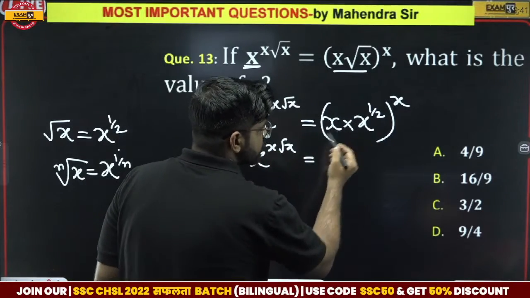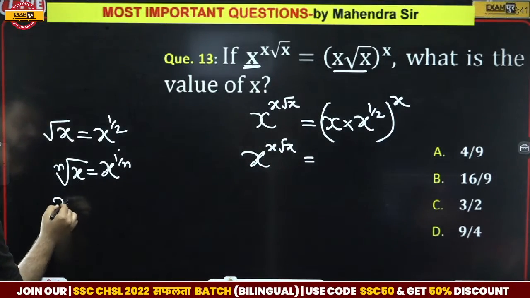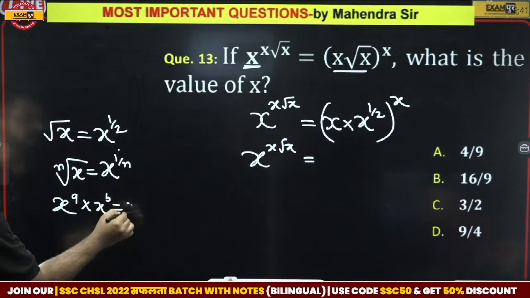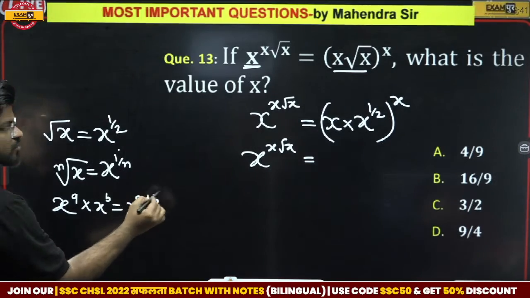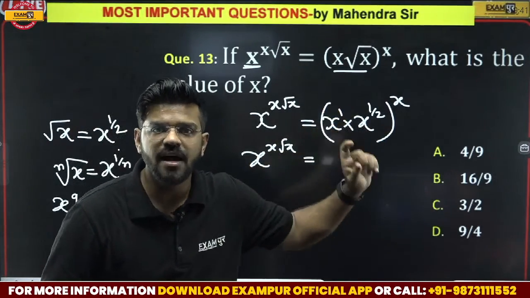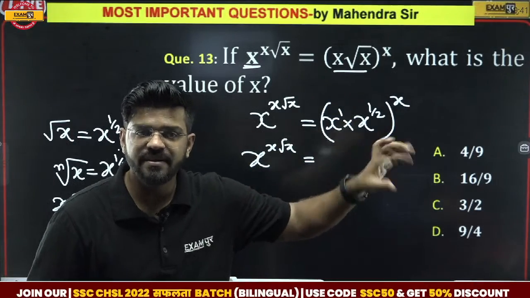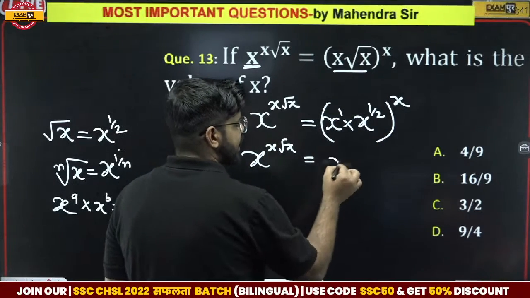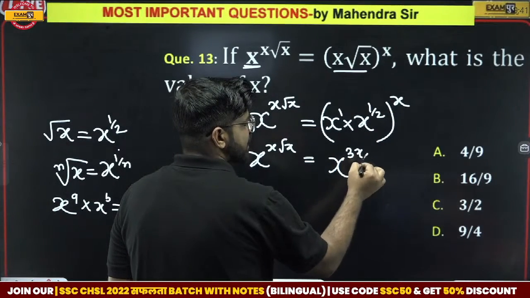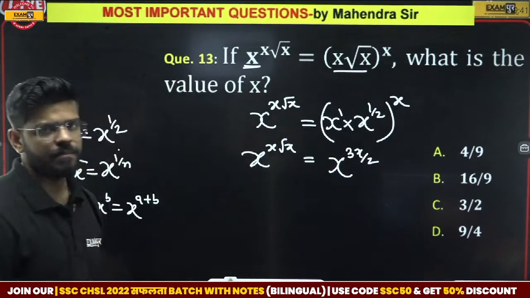Now you know that x to the power a into x to the power b is nothing but x to the power a plus b. So here we have power 1, here we have power half, 1 plus half, 1 and a half, that means 3 by 2. So here we will get x to the power 3 by 2, and x gets multiplied, so 3x by 2 is my power.